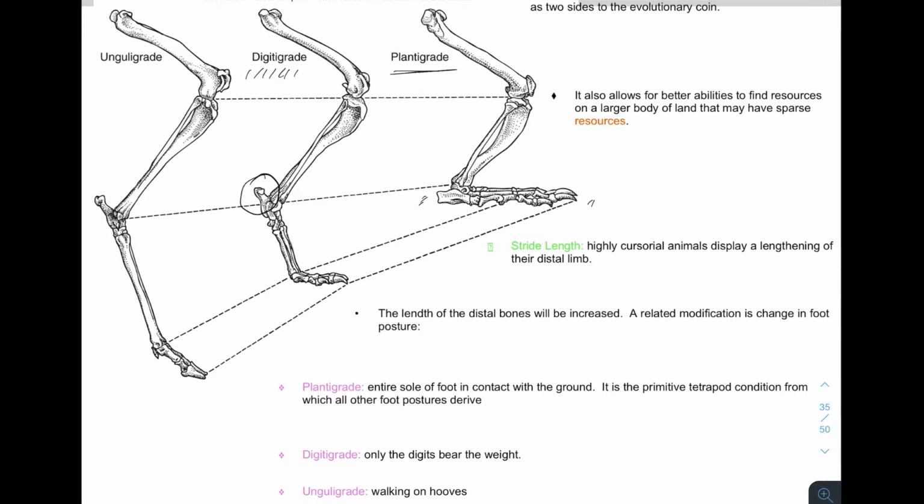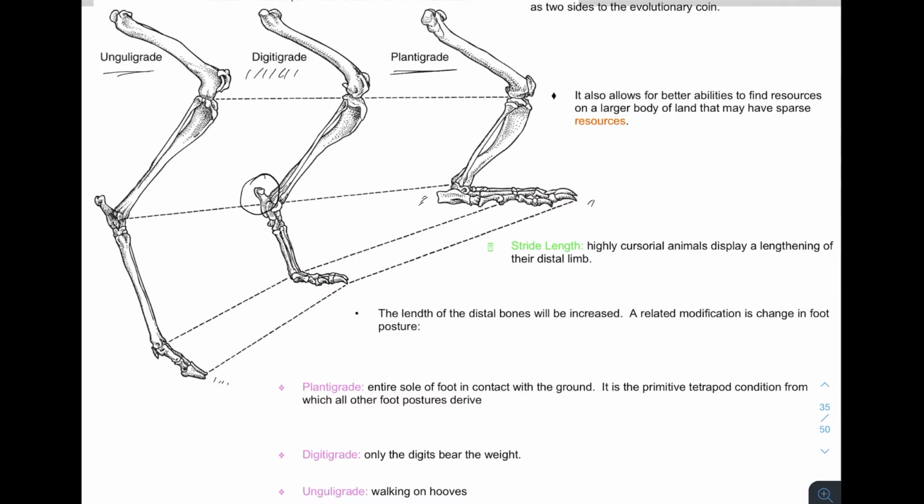And the third way of doing it, which we've alluded to already when we talked about our ungulates, is the unguligrade way of doing it, which is where just the tip of the digit makes contact with the ground. And so think about why these variations even exist. What you notice in this picture is that we are gaining length as we lift more of the manus or the pes off the substrate.